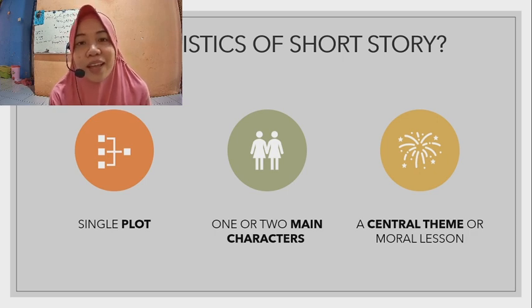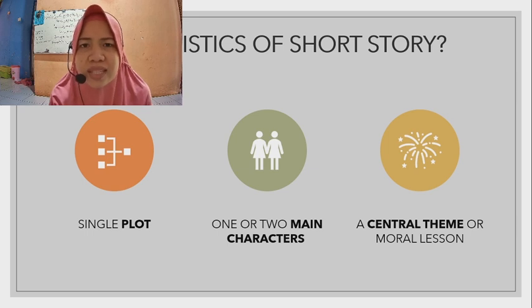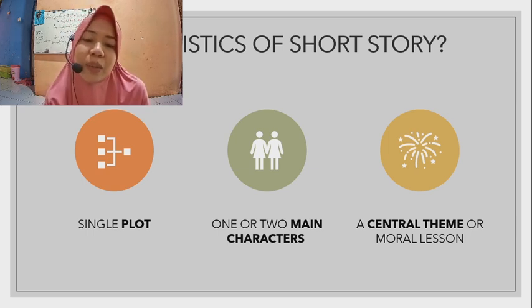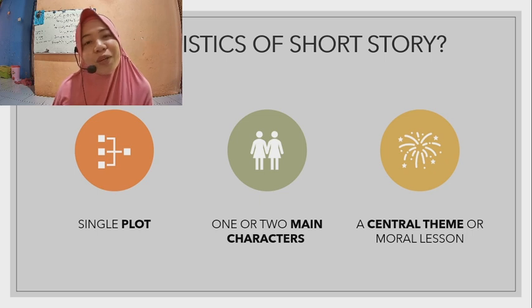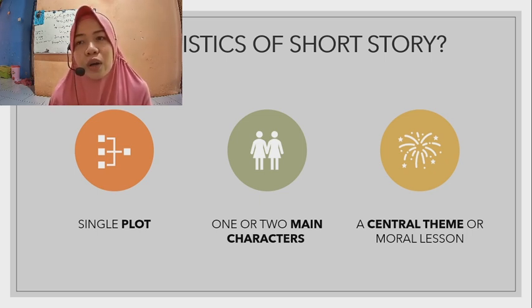It's not something like that. So it has one or two main characters. I think three is the top. Okay, because a short story is light, but not too light. It's also deep, but not that complicated.